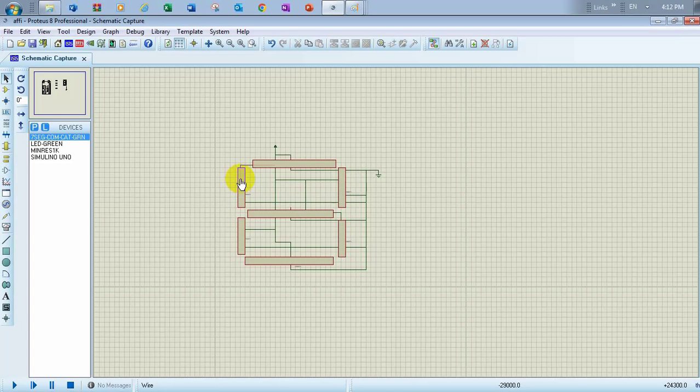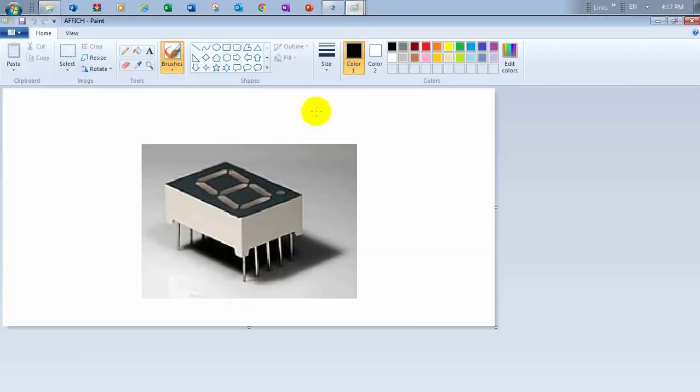Hardware tools. We need this component, the 7 segment display. Okay, and we also need an Arduino. For what? For commands, to control this component.